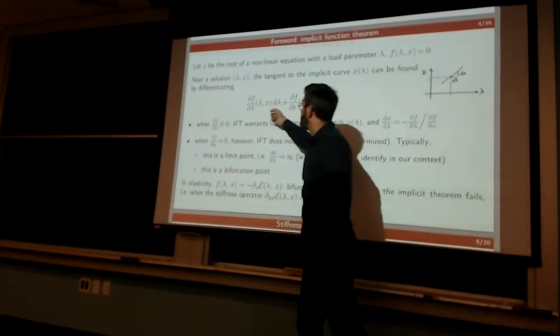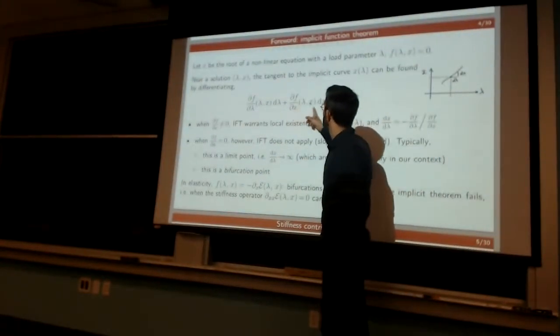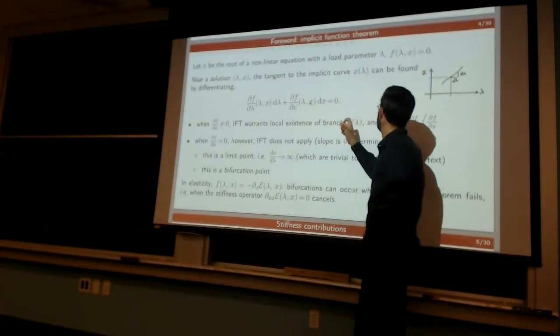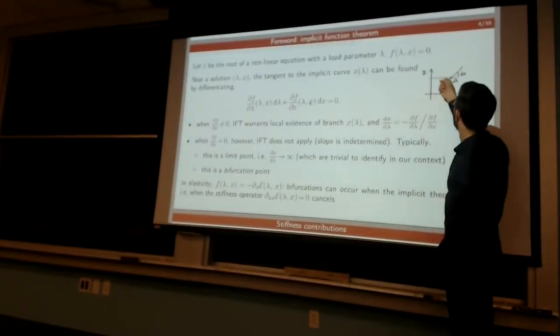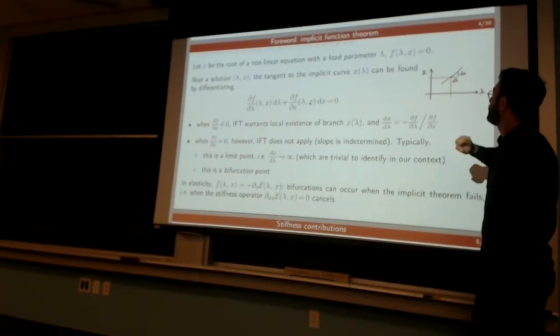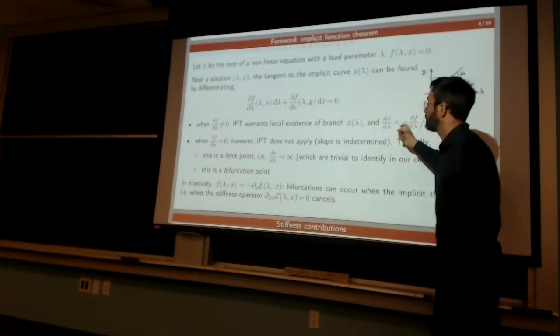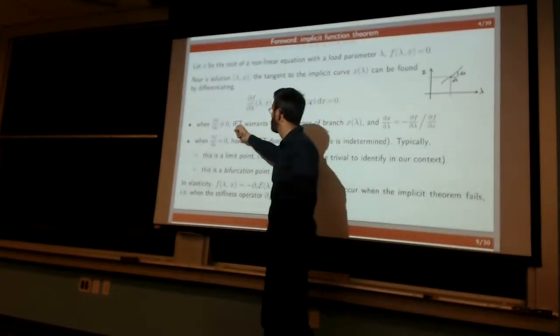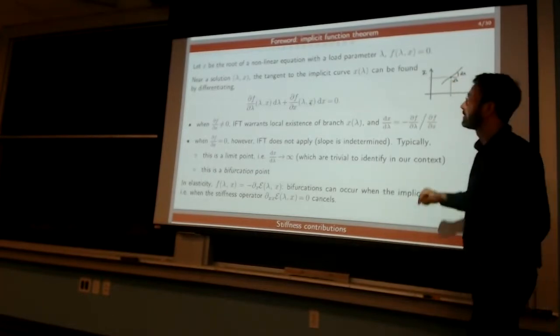Then you end up with this linearized equation. And if this coefficient here is non-zero, you can expect that you can find dx over d lambda, that would be the slope of the curve here, in terms of the gradients of f. And that's actually the condition in which the implicit function theorem holds, and actually warrants that you can find this curve at least locally.